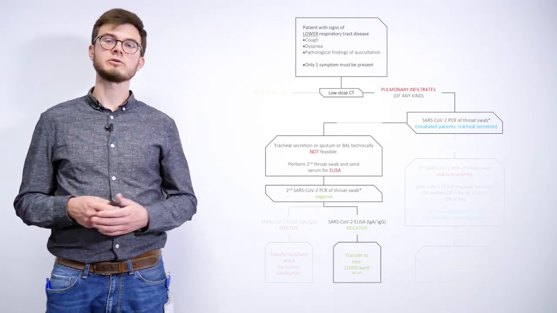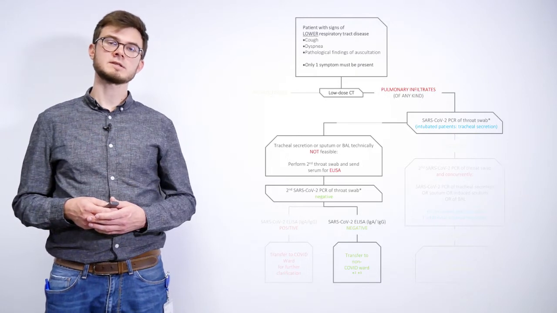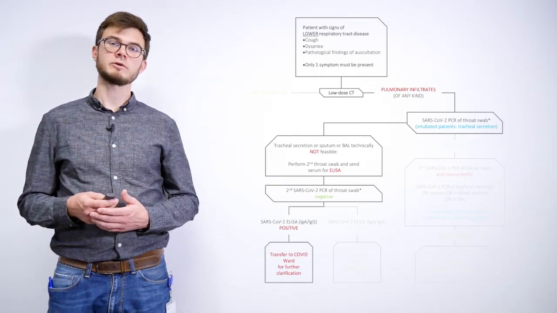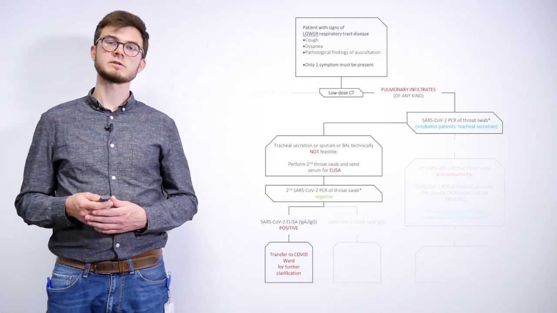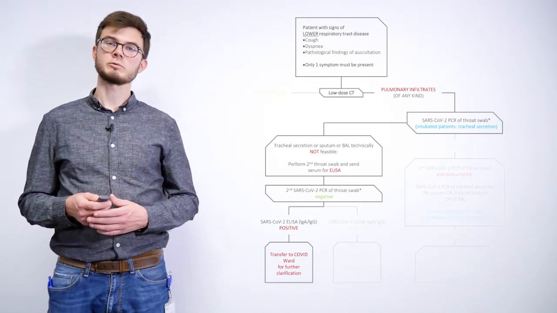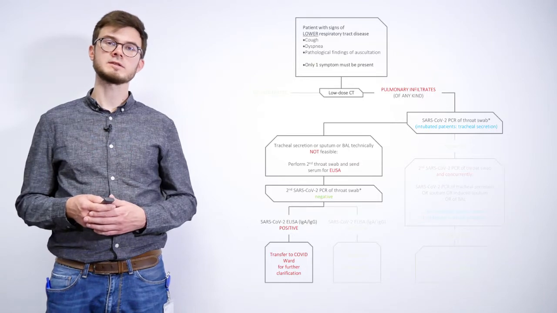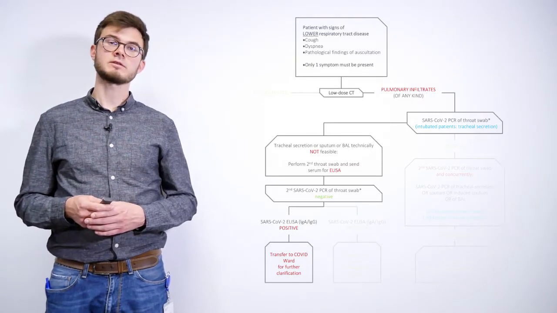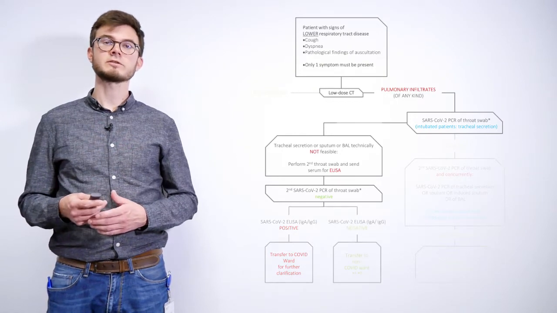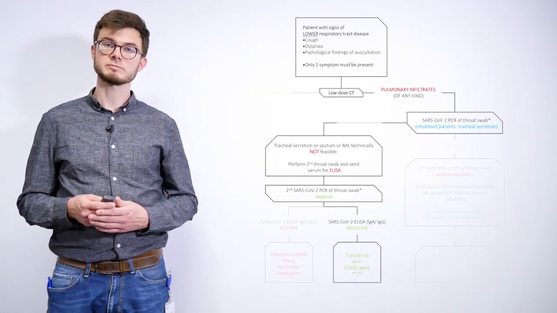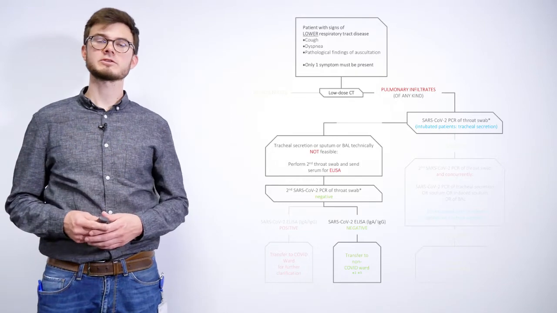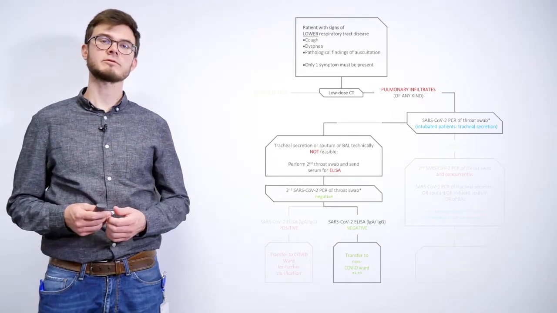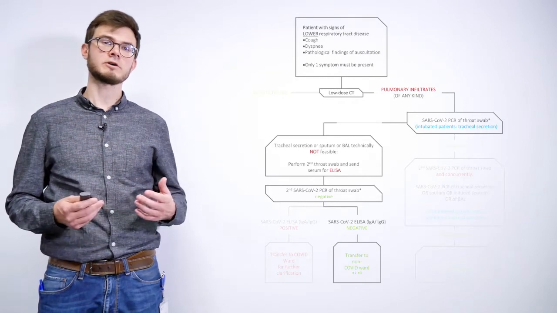It is important to note that this antibody test can only result positive when these antibodies have already been built by the immune system of the host, which can last 10 to 14 days after disease onset. Additionally, I'd like to mention that this test can result false negative in immunosuppressed patients. So we now have the situation that we obtained a throat swab and additionally a serum sample for antibody testing of our patient.